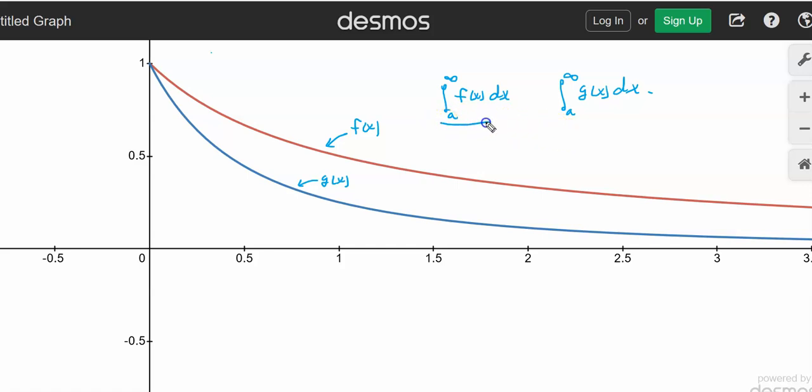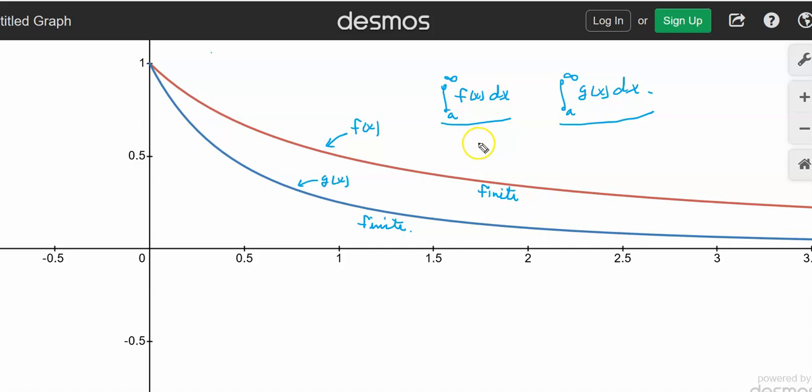If this integral exists, so in other words, if the area under the graph of f is finite, then certainly you can see that the area underneath the graph of g of x will also have to be finite. And that's all that part 1 is saying. So if this exists, then so must the improper integral of g of x dx be finite as well.